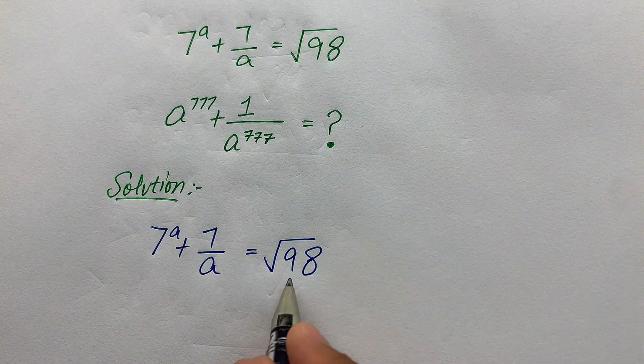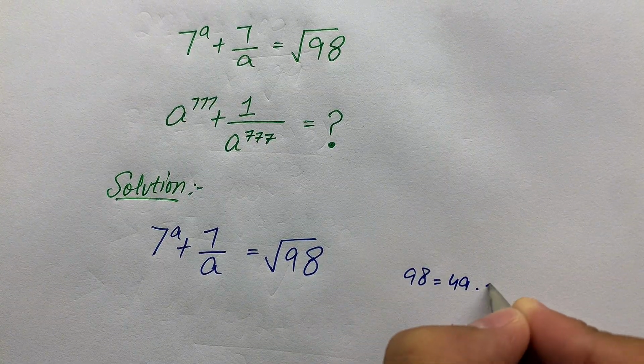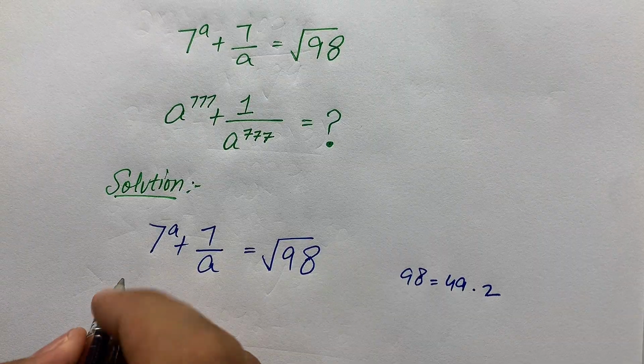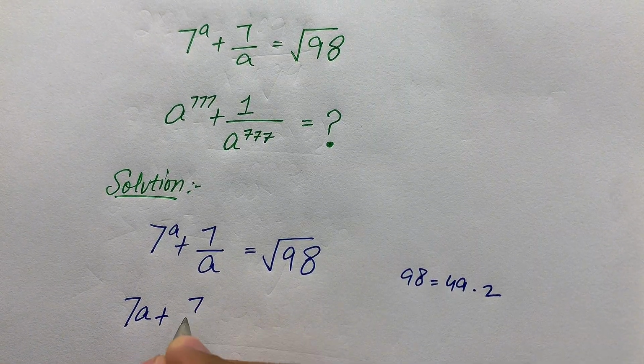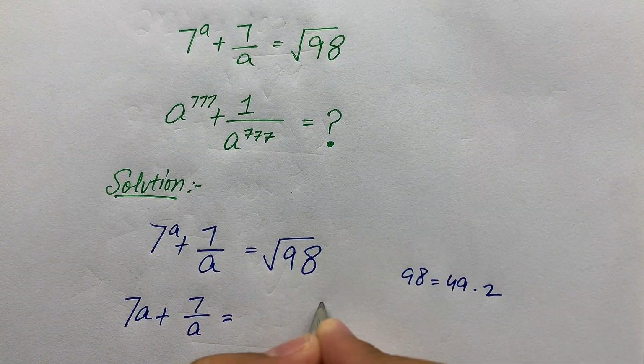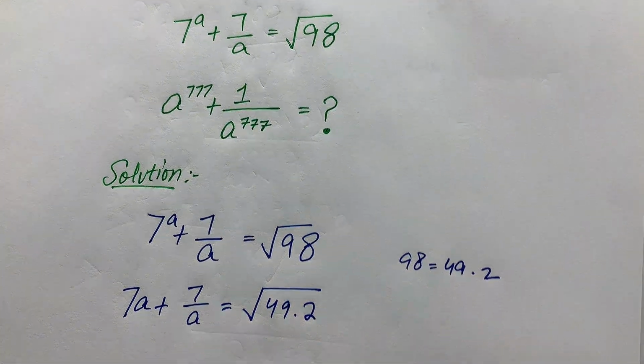Now 98 is equal to 49 multiplied by 2. So this will be 7a plus 7 divided by a is equal to 49 into 2.